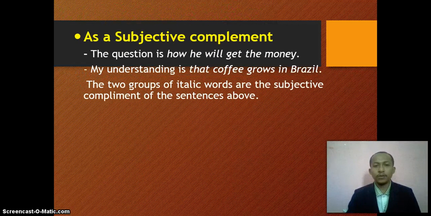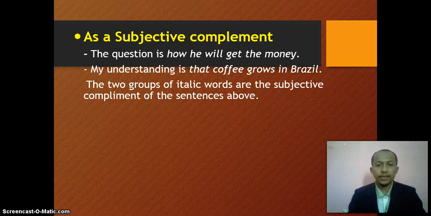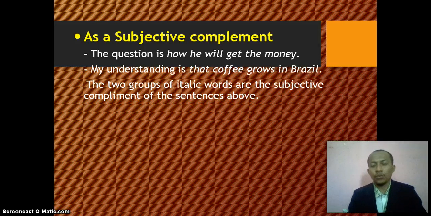Okay, this is also a noun clause as a subjective complement, the complement of the subject. And the question is how he will get the money. The question is how he got the score.